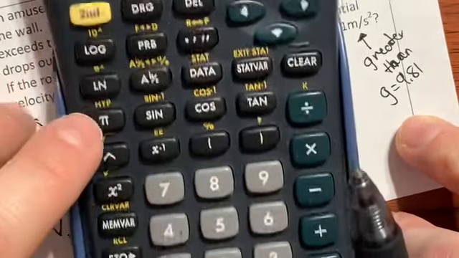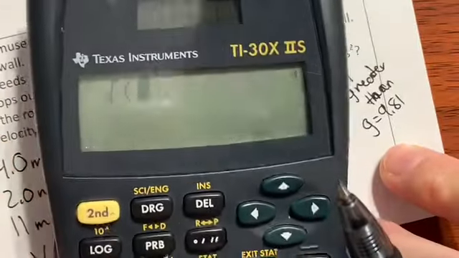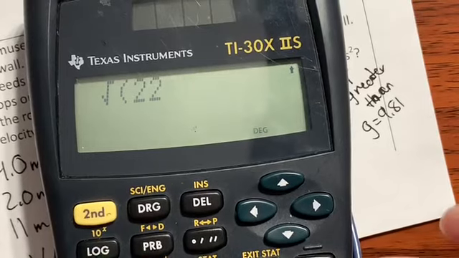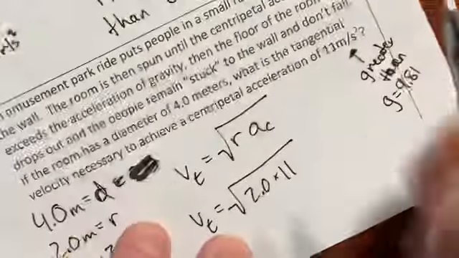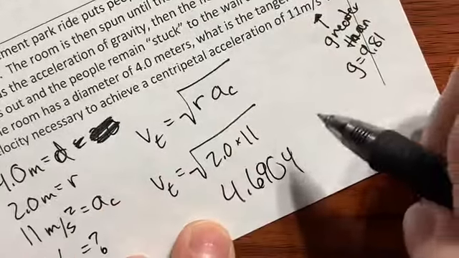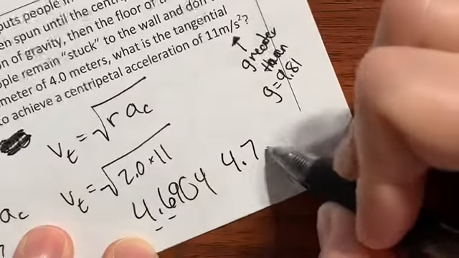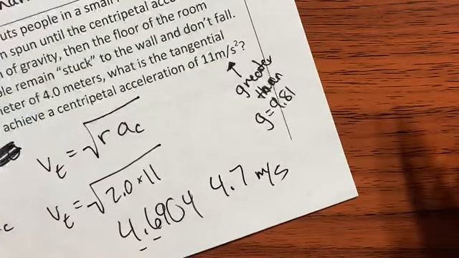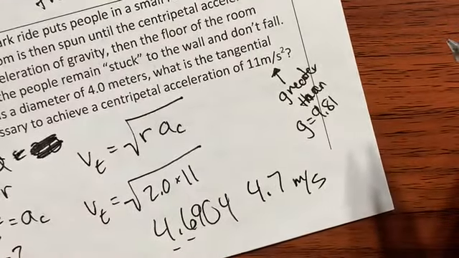So second square, so we get the square root of 22, 4.69. Significant figures, just 2. So 4.7 tangential velocity is in meters per second. So that's going to be spinning at 4.7 meters per second in order for this to work. There you go.